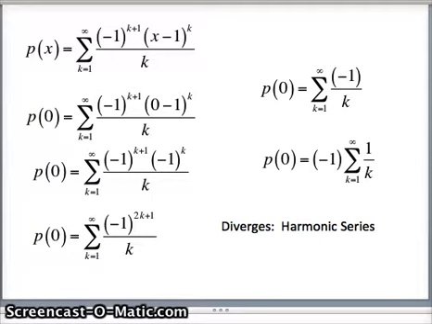But remember, our function f of x was natural log of x. And we're saying that our series diverges at 0. If it converged at 0, we would have a value for natural log of 0, and we know 0 is not in the domain of the log function. So this Taylor series does not converge plugging in a value of x of 0.